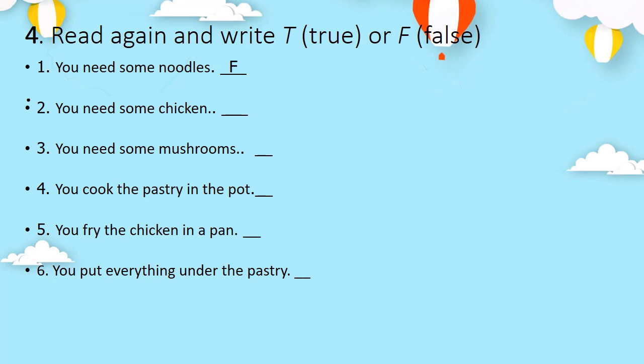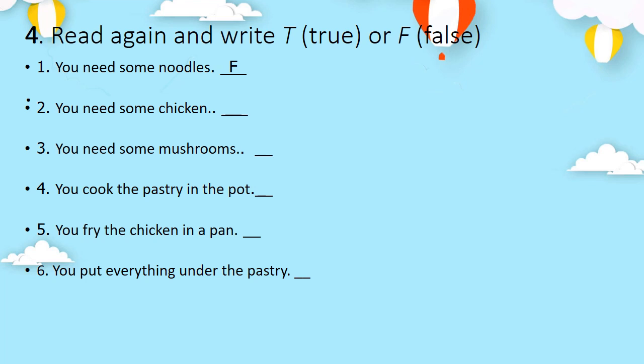And number 5, you fry the chicken in a pan. True or false. And number 6, you put everything under the pastry. True or false. Try your best to do it and then check the answer.